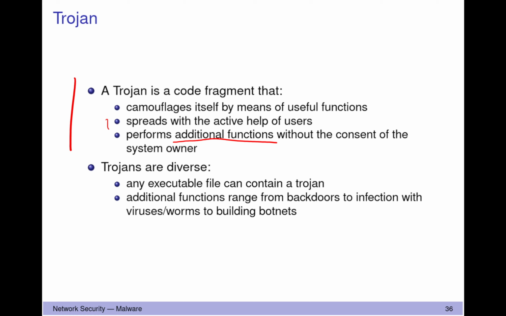So for example, it could be a very nice screensaver that in addition logs your key entries, so to have a keylogger and send it somewhere. So it has one function that it presents and one function that it does not, and the additional function is typically harmful. But they do not want to self-replicate, so that's the difference.